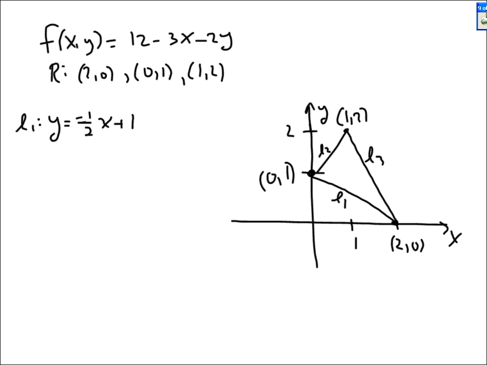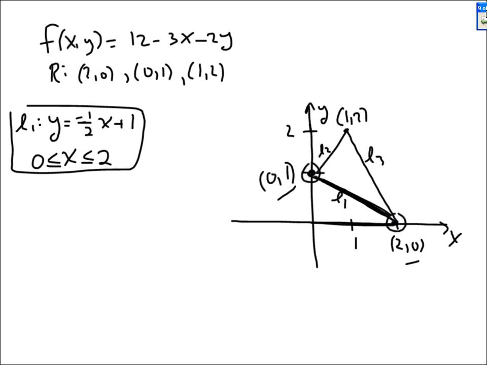You have two points, find the equation. Now, with respect to this line, x is going between 0 and 2. Over here x is 0, and here x is 2, so with respect to line 1, x is between 0 and 2.